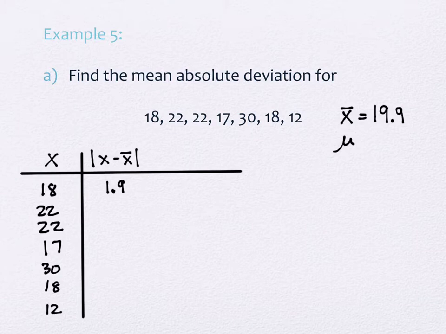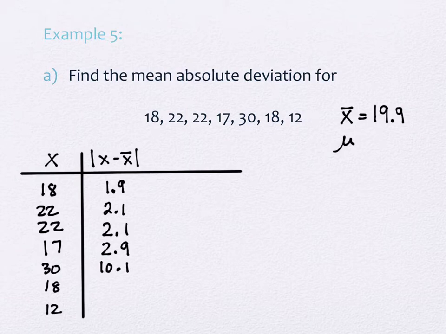And we're going to do the same thing for every data value. So 22 minus 19.9, that's actually 2.1. And I have a couple of those. 17 minus 19.9 is 2.9. Again, because I'm ignoring any negative signs because it says absolute values. 30 minus 19.9. That one's fairly large given the other values we've encountered.